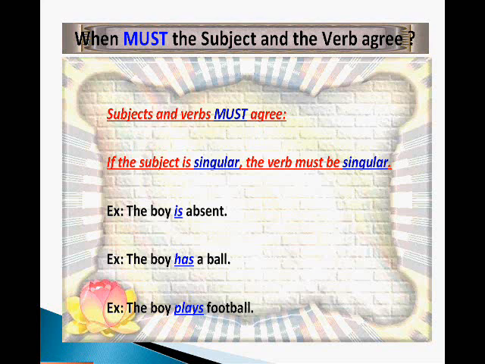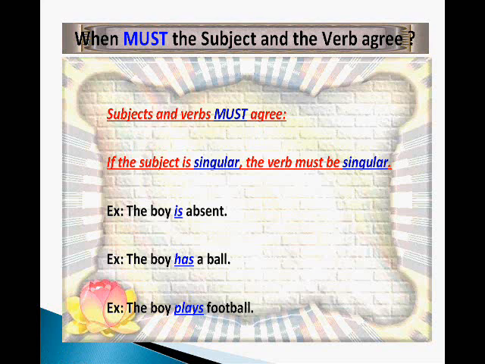But S in the noun, like boy, means plural. I always tell this to my students. Don't confuse. If you have S with the noun, like boy, and then I put S, then it is the plural, means more than one boy.